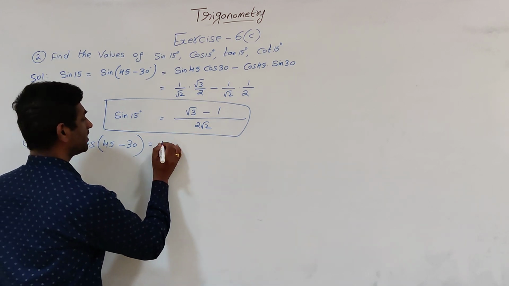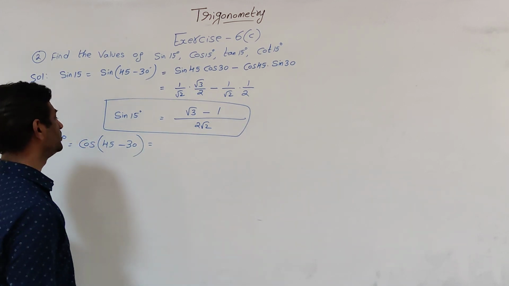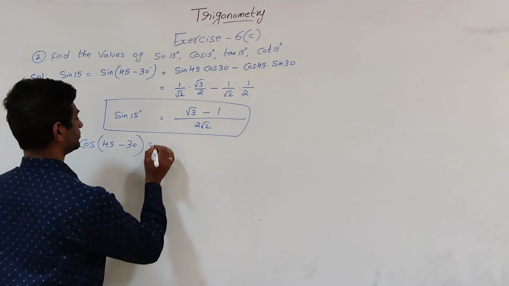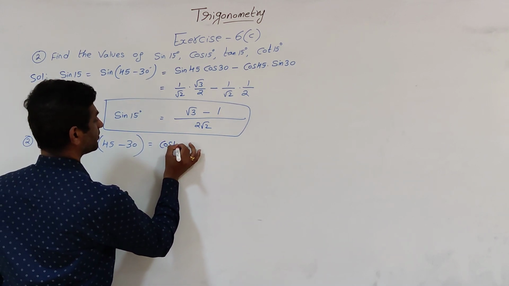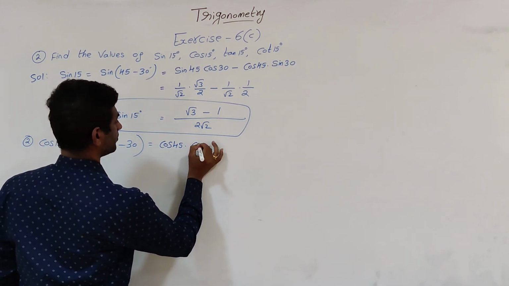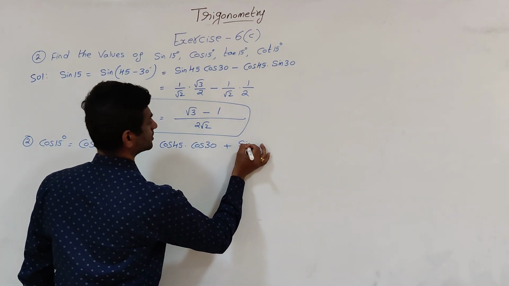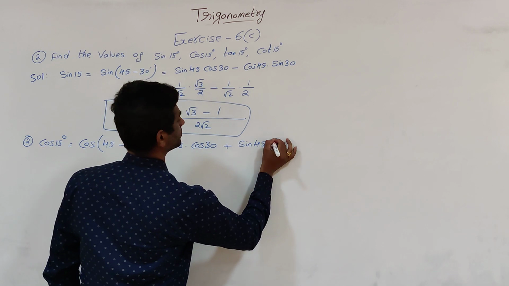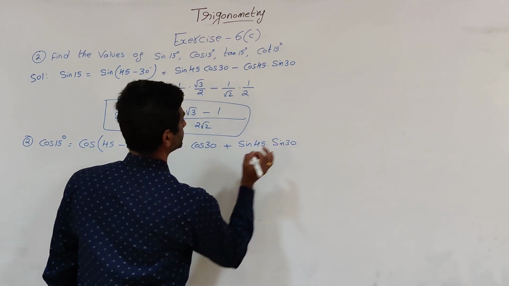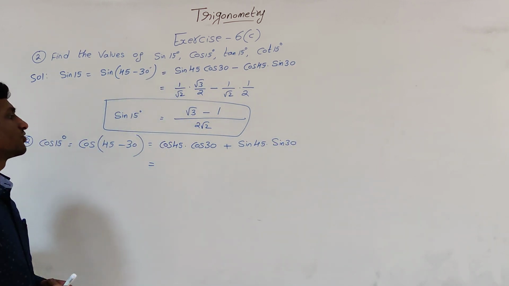Now if we simplify and substitute the values, we will see the value. Cos 45 into cos 30 plus sin 45 into sin 30. So what is the value of cos 45?